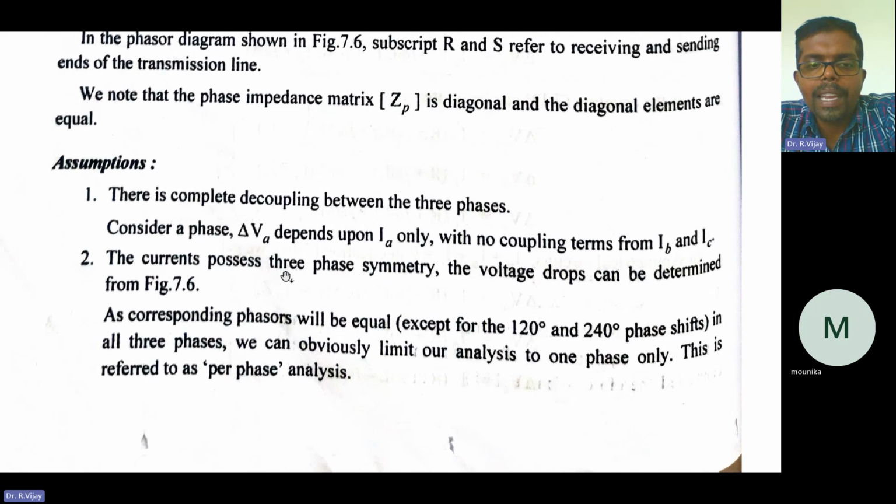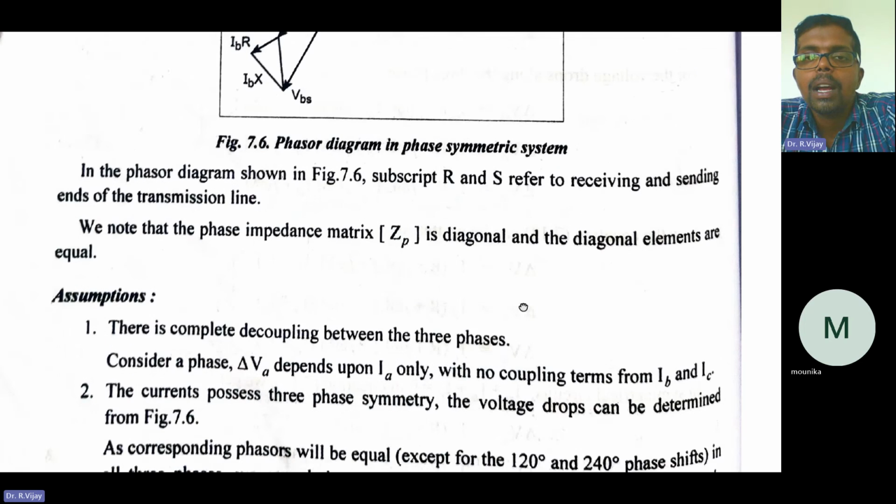As the current possesses symmetry, the voltage drops can be determined, as the corresponding phasors will be equal except for 120-degree and 240-degree phase shifts in all three phases. We can obviously limit our analysis to one phase only. Why one phase only?